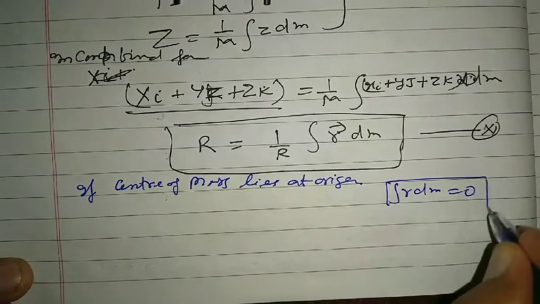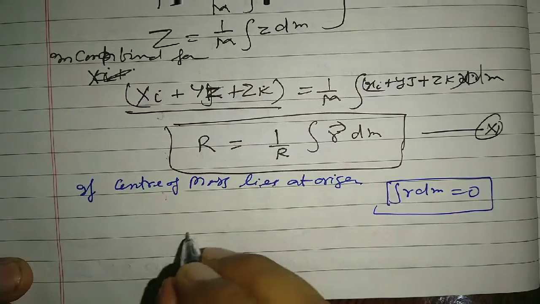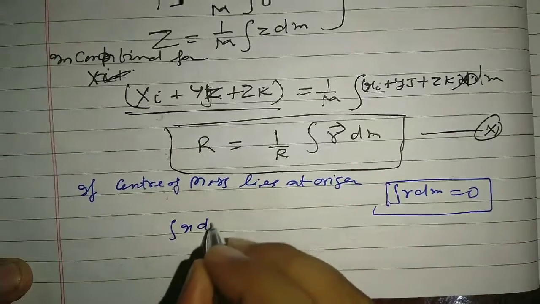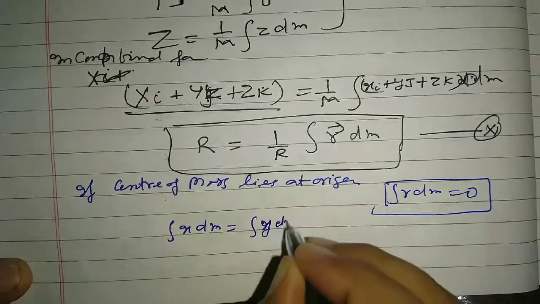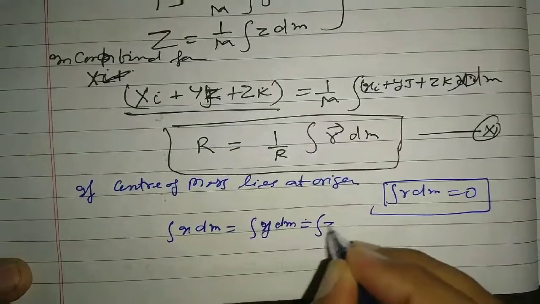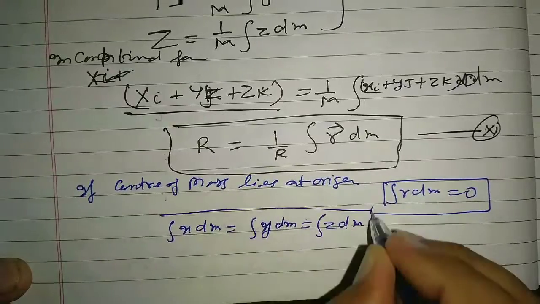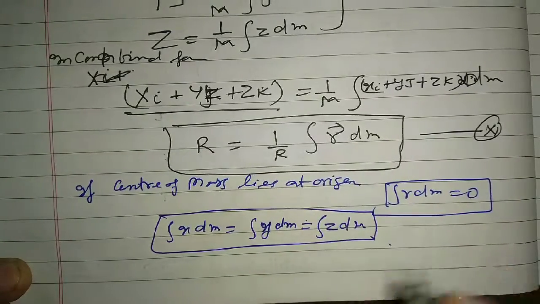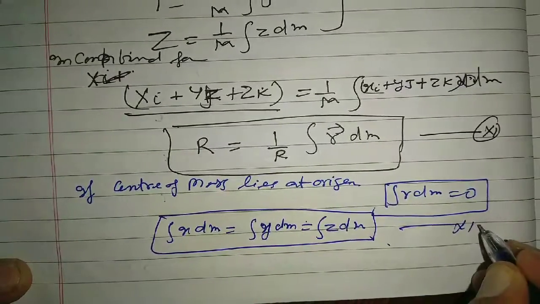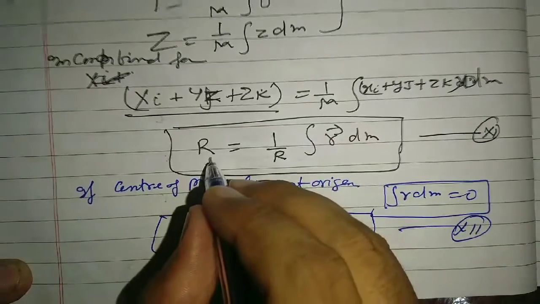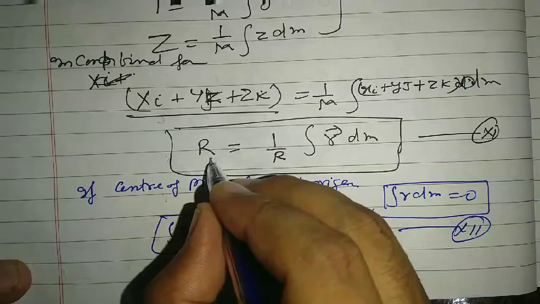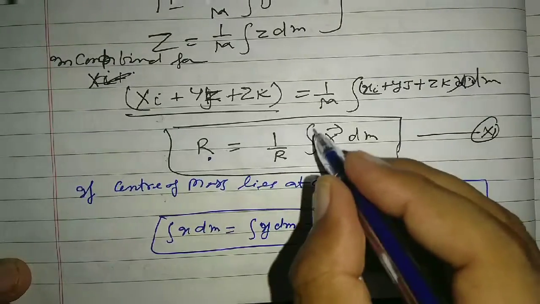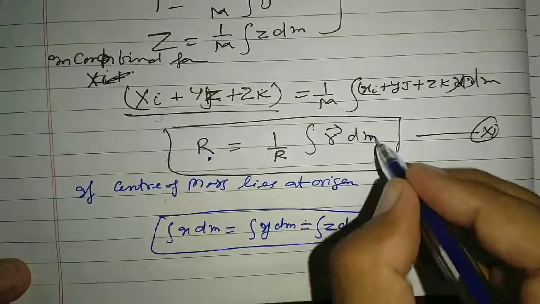This is possible when integral x dm, integral y dm, and integral z dm are each equal to 0. Under this condition, it is actually a special case of equation 12, but the main formula to obtain the position of center of mass from a frame of reference is 1 by M integral r dm.